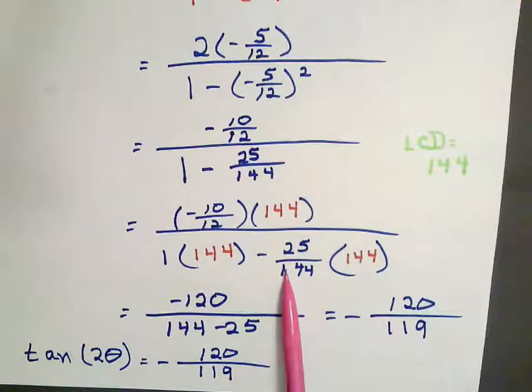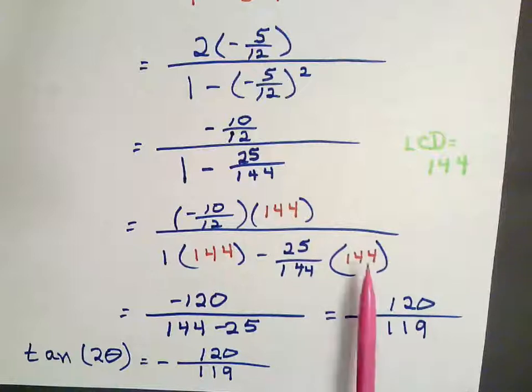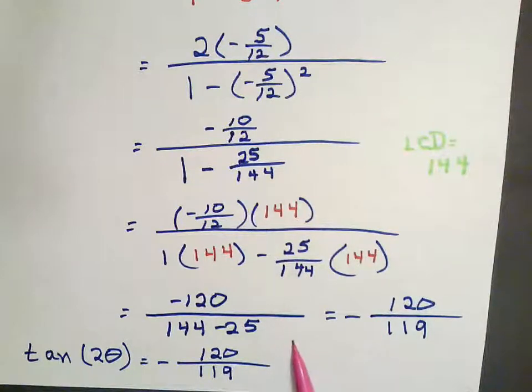Here, 144 goes into 144 once, so we're left with minus 25. And here we have the tan of 2 theta equals negative 120 over 119.